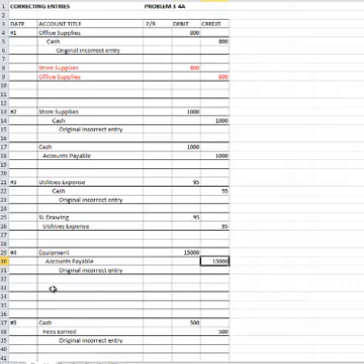So to correct this entry, we've got to bring the amounts down. So if I've added a debit to equipment for $15,000, in order to bring it down, I need to credit equipment for the difference between $15,000 and $1,500. So I believe that's $13,500.